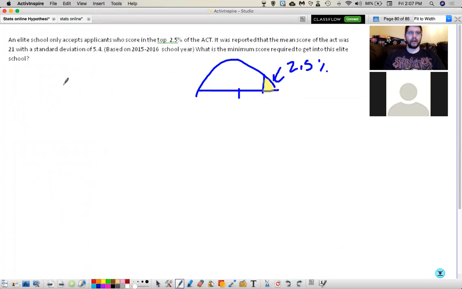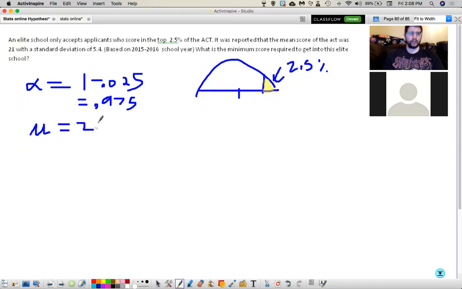So alpha is not 2.5, but 1 minus the 2.5%. That's 0.975. That's what we're going to be looking for. And the mean is 21. Standard deviation is 5.4.